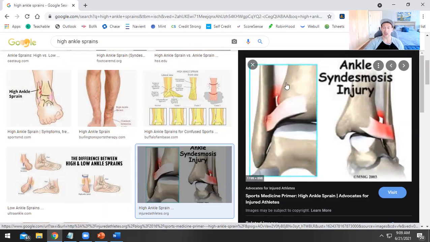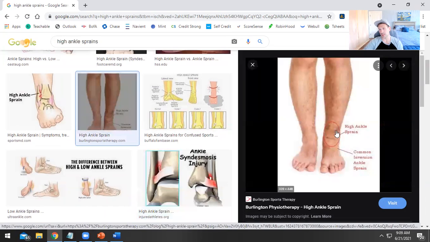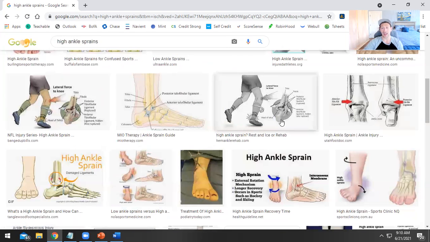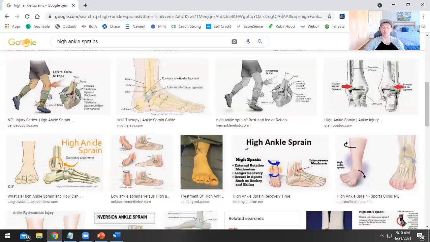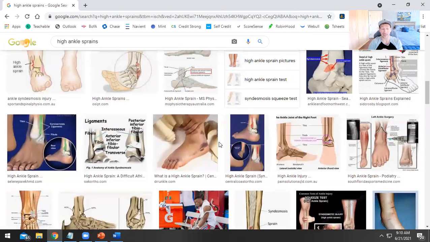There's a lot of fascia that holds these two bones together. You'll see it way up here, and that's where you'll see the bruising and stuff. And the reason this is so problematic, and this is really bad.